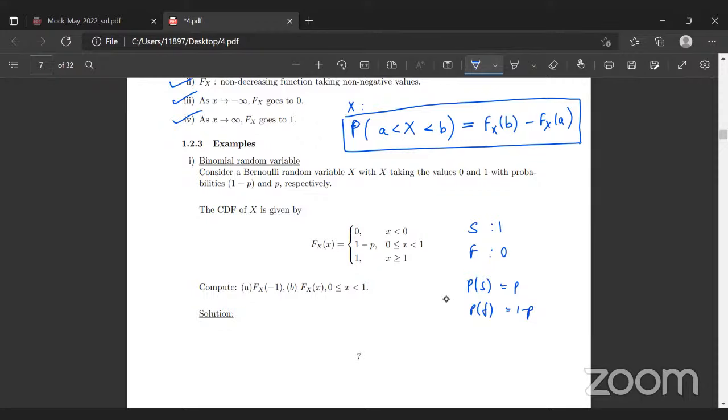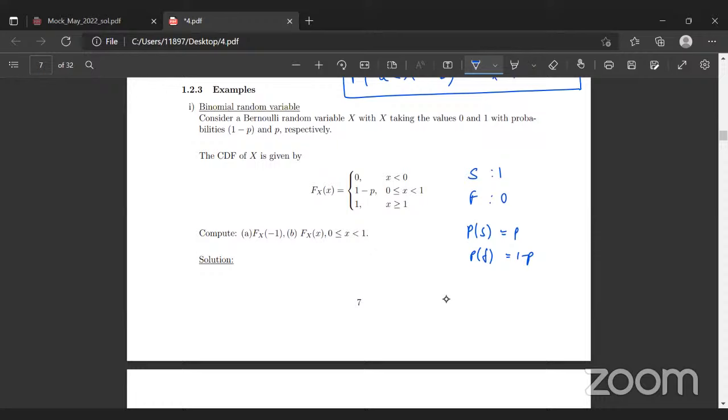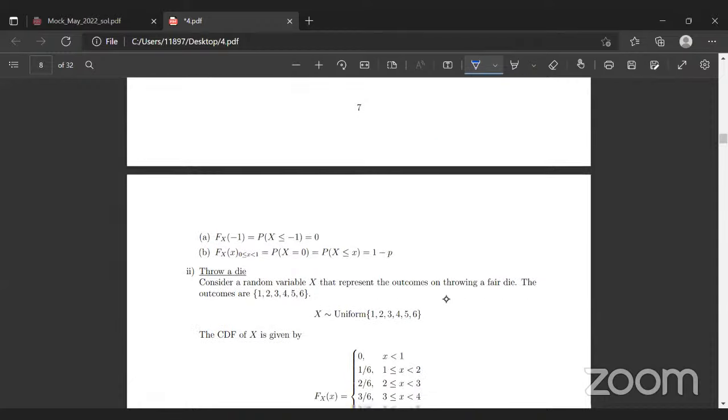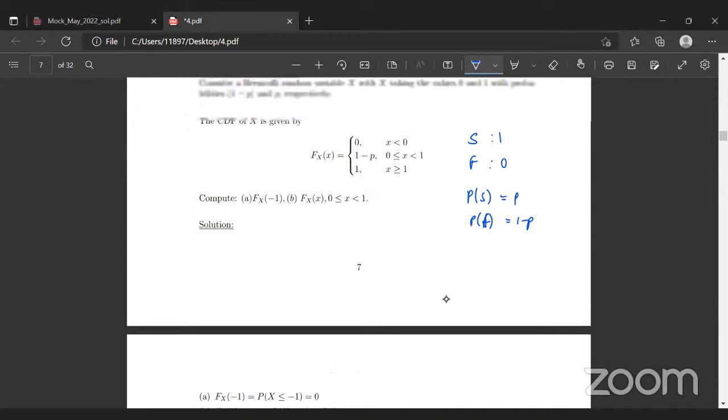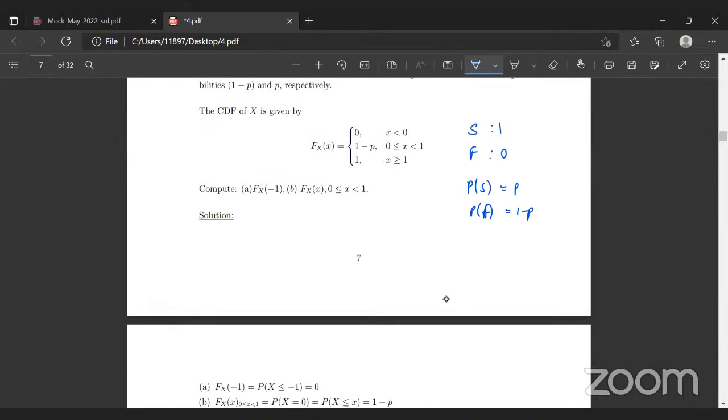Now, if we have to plot the CDF, since x is a discrete random variable, let's see it here. This is your Fx of x and this is your x.